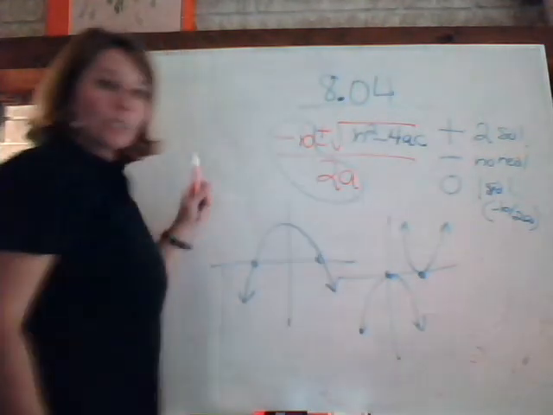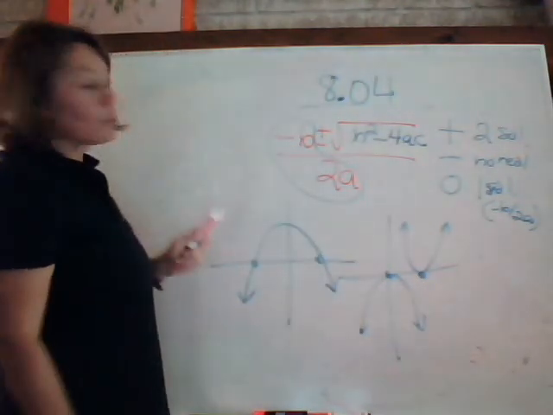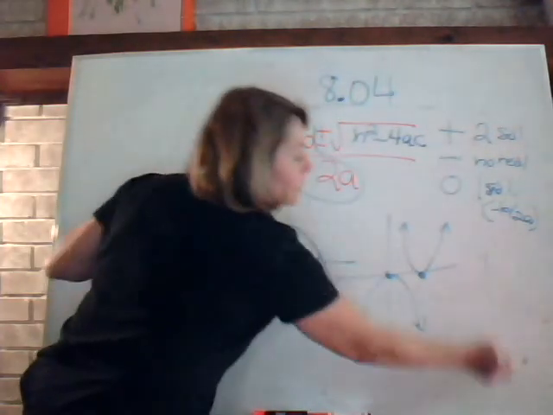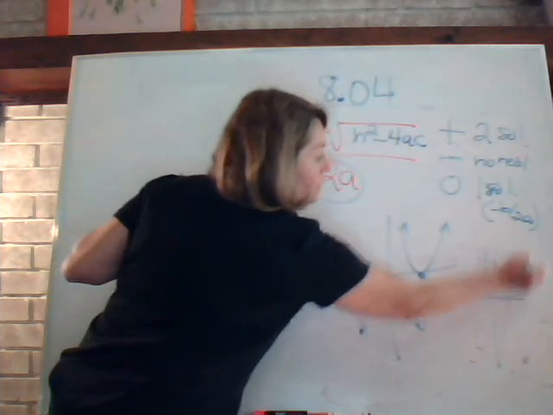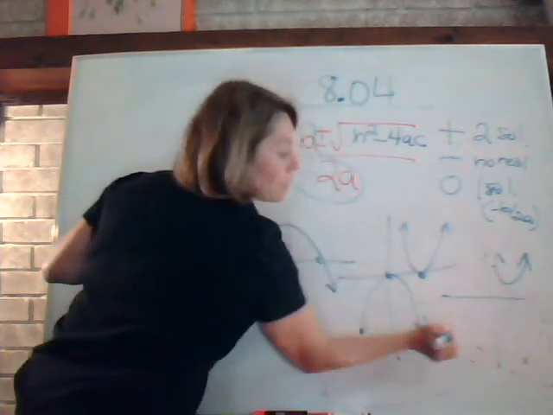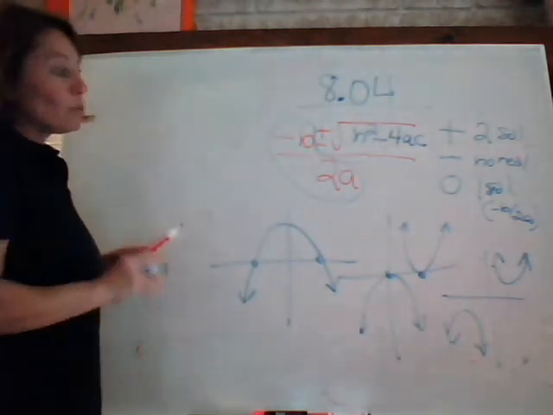Okay, the last option is if our discriminant is negative. And that means the graph is either above the line if it's facing up or below the line if it's facing down, and we have no solutions.